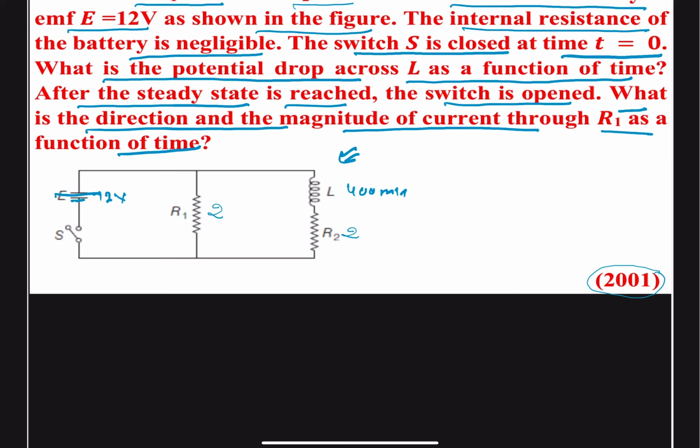First, at time t equals 0 the switch S is closed, and at that moment we have to find the potential drop across L as a function of time. In the second case, when the steady state is reached, the switch is opened, so we have to find the magnitude and the direction of the current through R1.